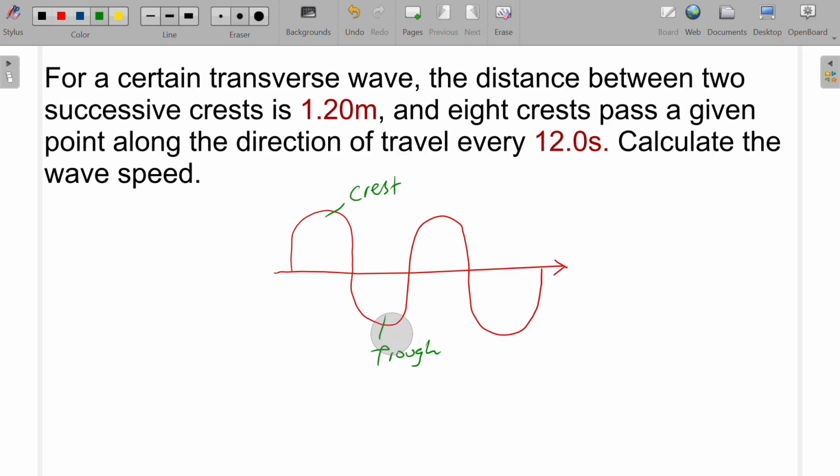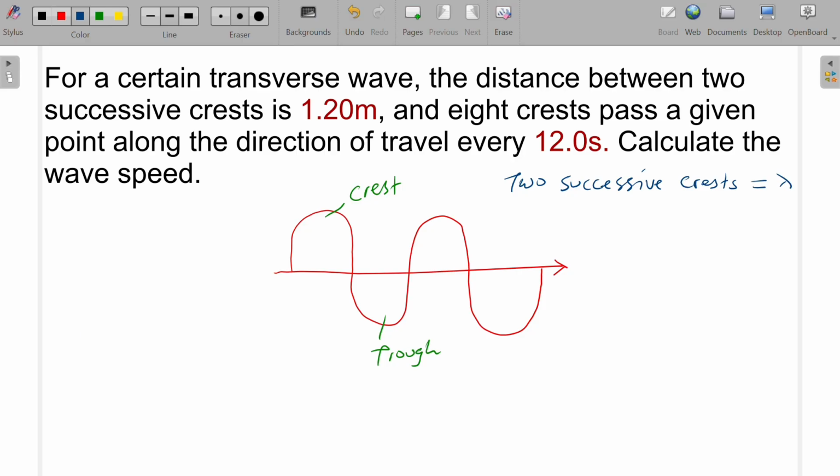All right. So what we should understand is that when we are given the distance between two successive crests, this crest and that crest, what we are given there is basically wavelength. So two successive crests is equal to wavelength.